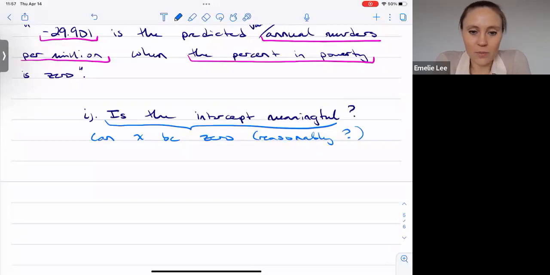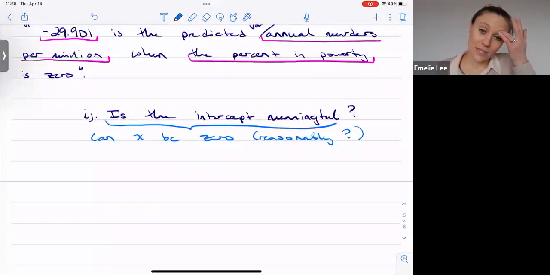So if you tell me that yes, it's meaningful because there might be a state someday with 0% in poverty, then we would predict negative murders per million. Not reasonable to me, right? But if you tell me that yep, that can happen, and that's useful information, then I'm fine with that. But your argument has to be centered around, can X be 0?